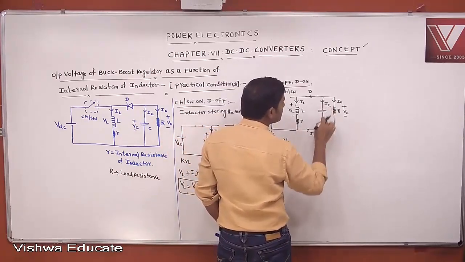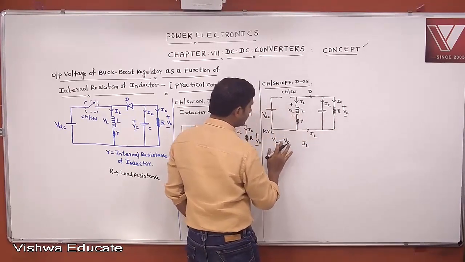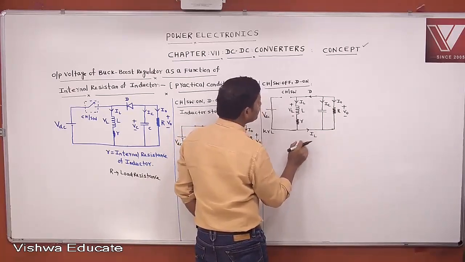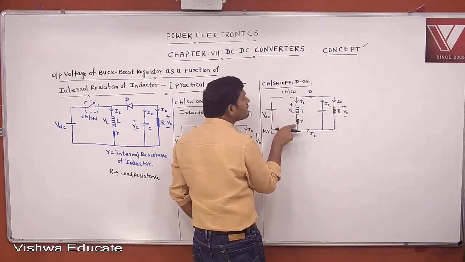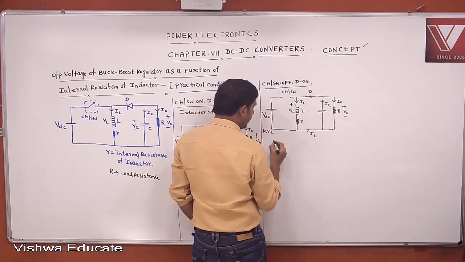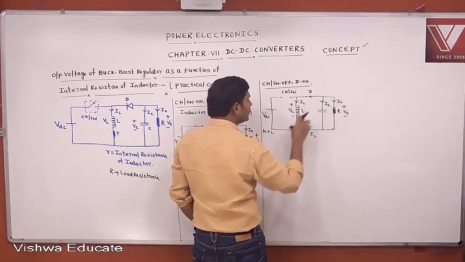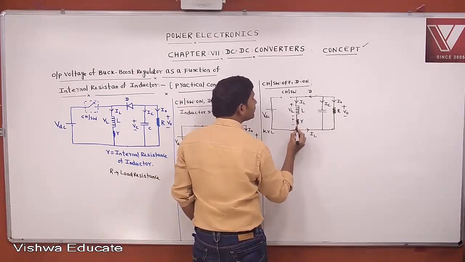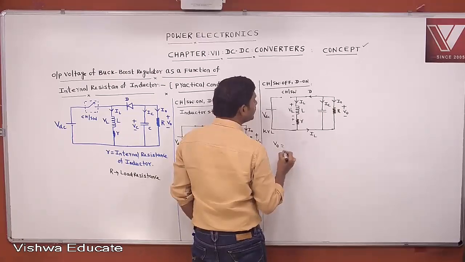This is IL, this is IC, this is I0. Sorry, one minute. Here we have the resistance of the inductor also. Then what can you get?